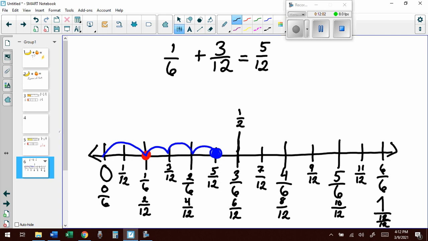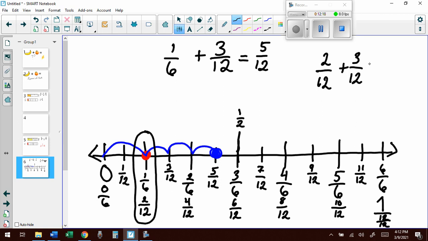So really, what we actually did was not 1/6, we did 2 twelfths, because those two are equivalent, plus 3 twelfths, and that equaled 5 twelfths.